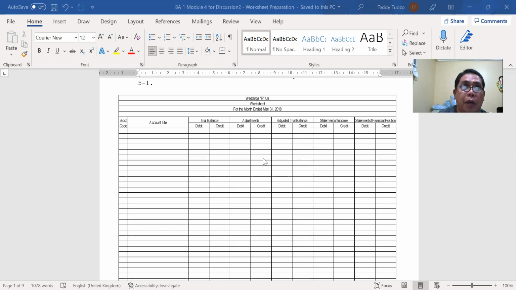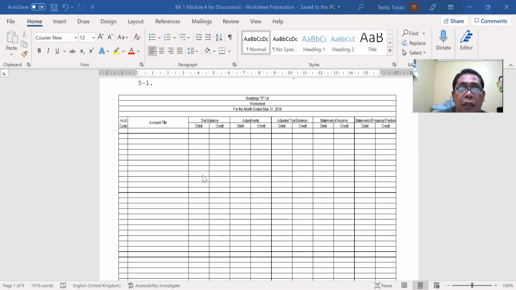Of course, remember that if it's a fiscal year, it should end at the end of the month. And then you have the account code. You have to write the account code if it is given in the problem. Do not assume an account code if it's not given in the problem.